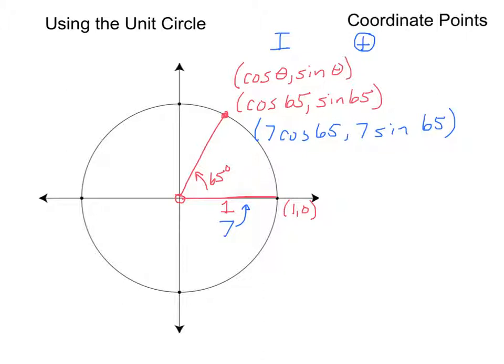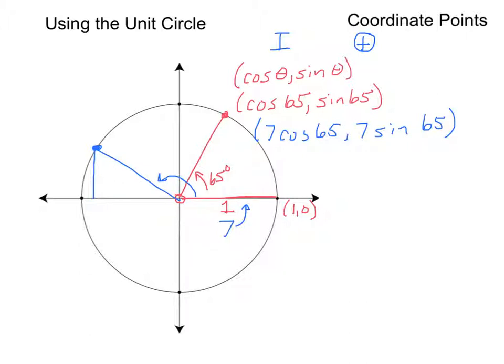Okay? If I go over here, and I have this angle, and we have cosine, sine, which of those is positive, the cosine or the sine? The sine is positive because we're going upwards, right?